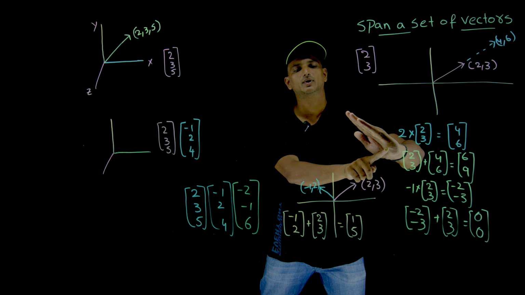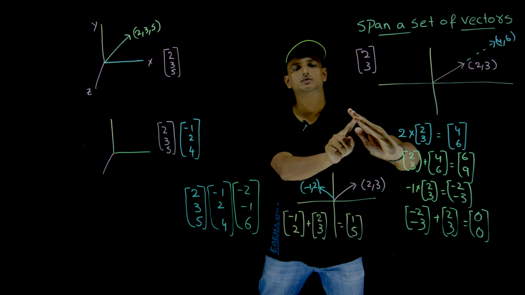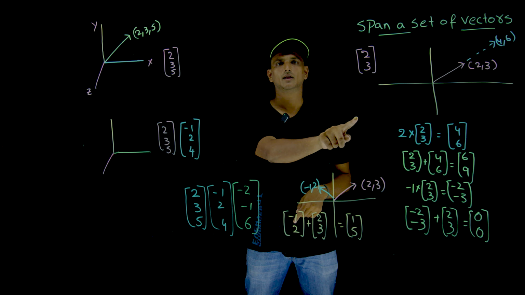If you add this vector -2, 4 with this, you are going to get a point here. If you multiply this with scalars, it is moving up to here. If you multiply with 2, you get 4, 6, somewhere a vector here. Adding -1, 2 to 4, 6, you are going to get a point here.